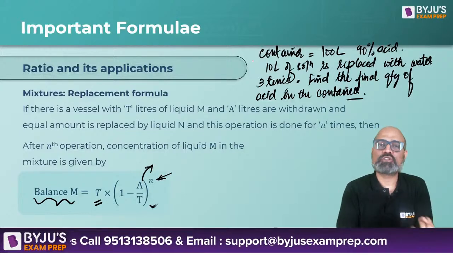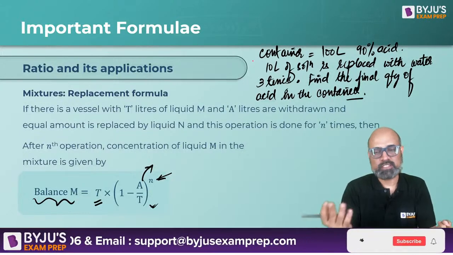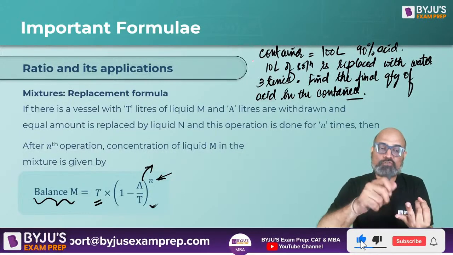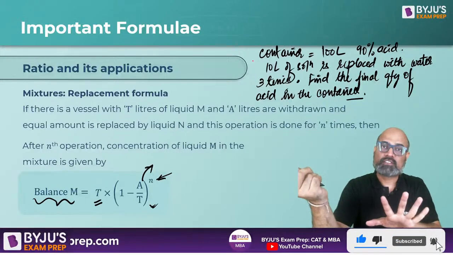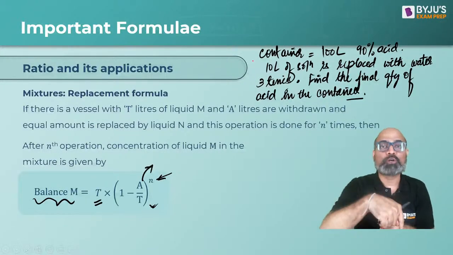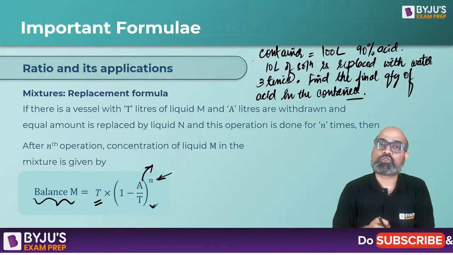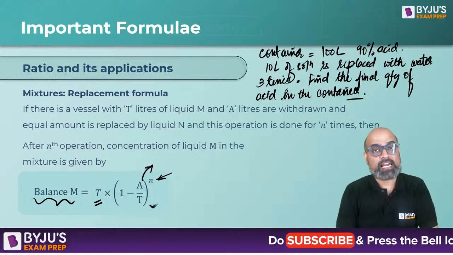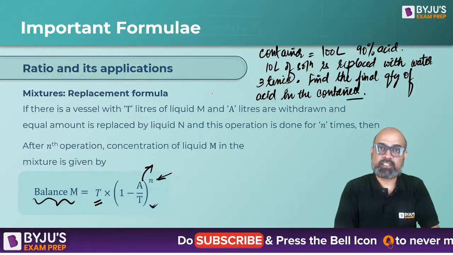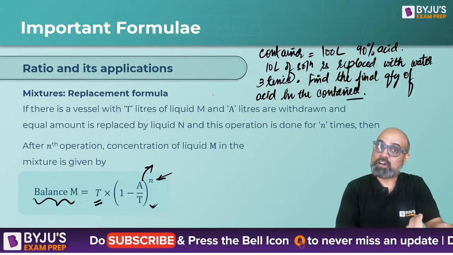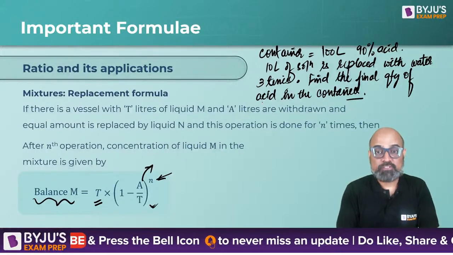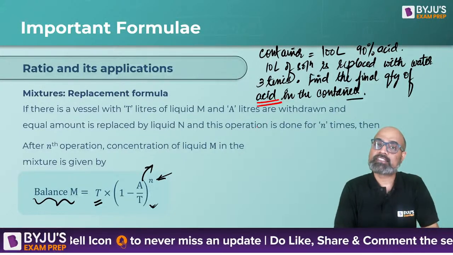It's not mentioned, so by default we take it as water, isn't it? So when you are removing it, that's not our concern. But when you are putting back, what are you putting back? Water. So you can't write the equation on water. You can write the equation on acid, as in you can calculate acid, then you can calculate water if required. Here, thankfully, the question is asking us acid only.